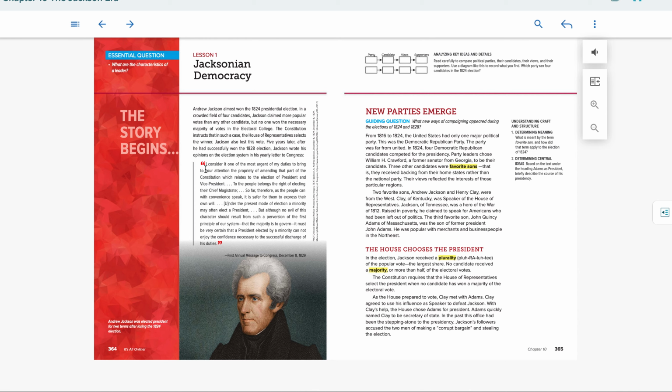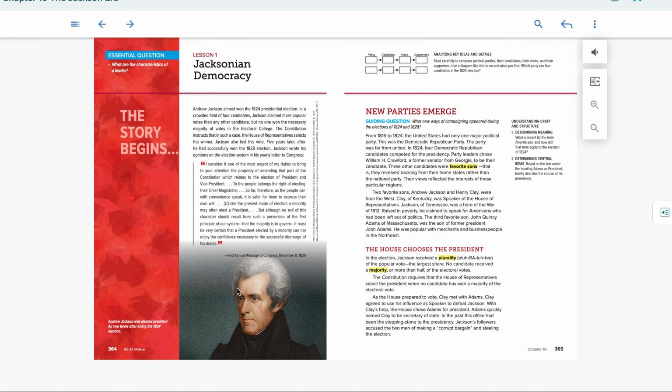Under the present mode of election, a minority may often elect a president. But although no evil of this character should result from such a perversion of the first principle of our system, that the majority is to govern, it must be very certain that a president elected by a minority cannot enjoy the confidence necessary to the successful discharge of his duties. From the first annual message to Congress, December 8th, 1829.